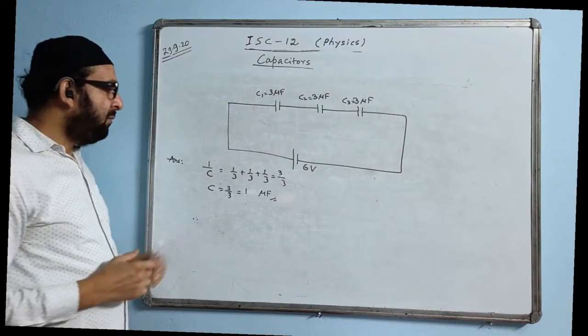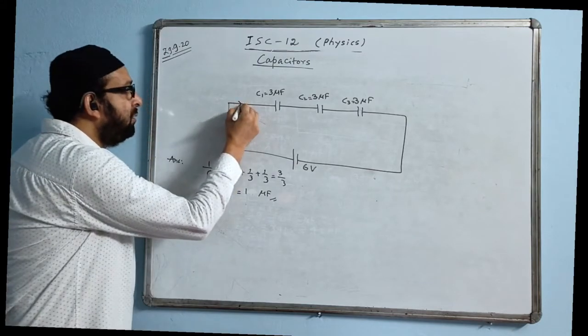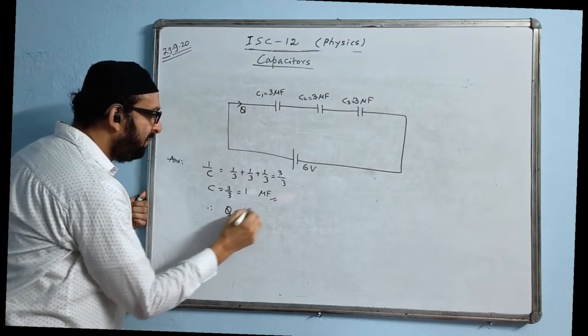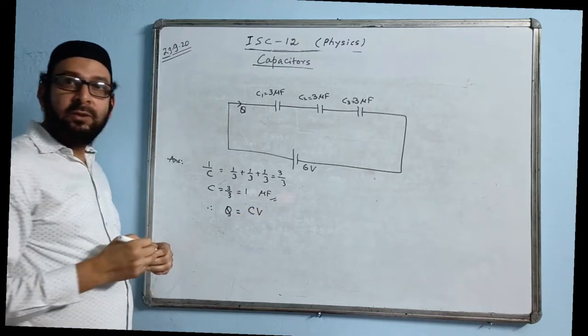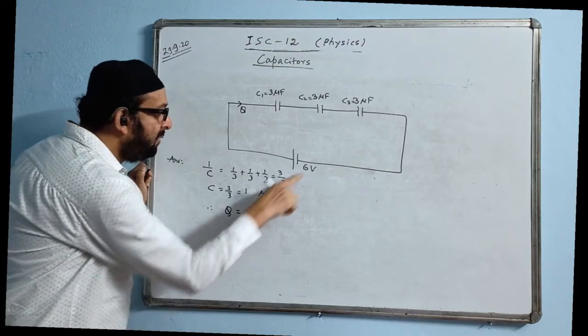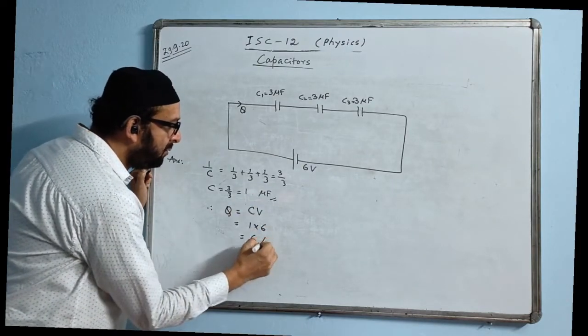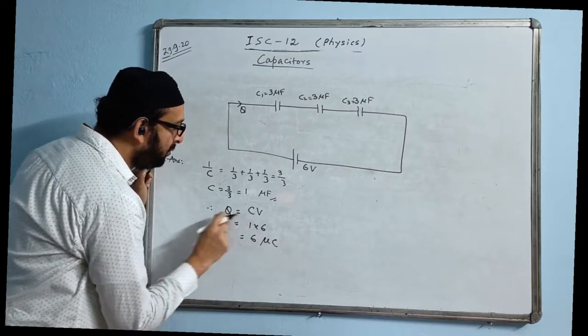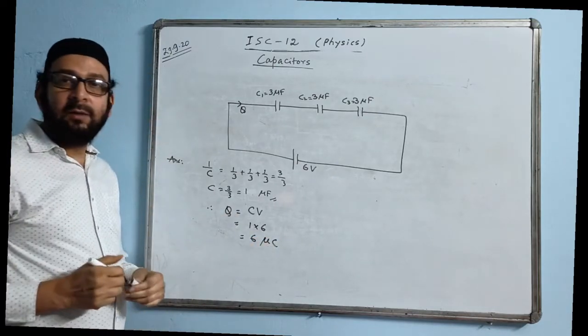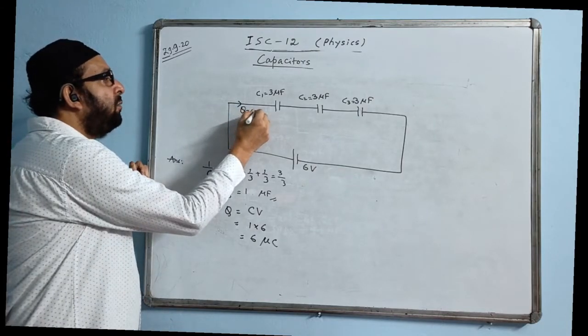Total capacitance is coming 1 microfarad. Therefore we will find Q, the total charge. The formula is Q is equal to CV. C value we have 1 and V value is 6 volt, so Q is 6 microcoulomb. The unit for charge is coulombs. The value of total charge we are finding is 6 microcoulomb.